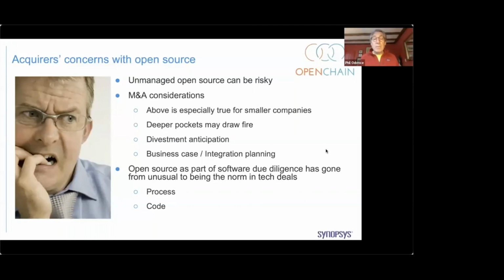I hear from a lot of folks in the M&A community on the acquirer side that deeper pockets may be an issue, drawing fire. A small company with any kind of issue, which someone might have an axe to grind over, may be an uninteresting company to sue. But once they get bought by a bigger company, that can shine a light on it, and it's more profitable to go after such a company.